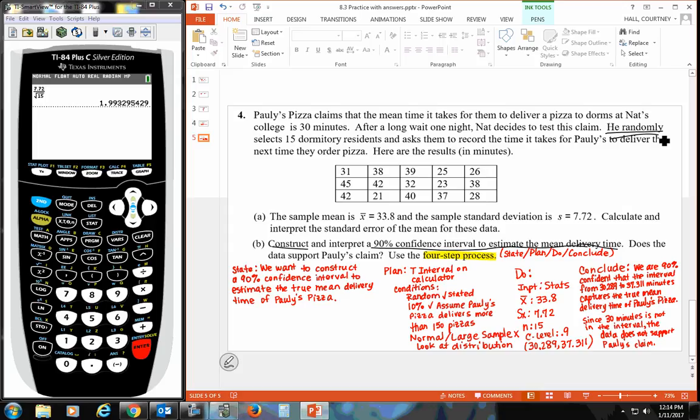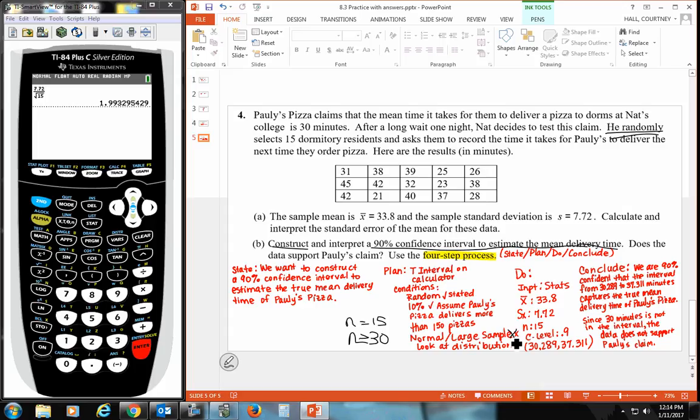So we assume that Polly's Pizza does deliver more than 150 pizzas because we want 15 to be less than or equal to our entire population size. And then for the normal, we want n to be greater than or equal to 30. And guess what? It doesn't meet that. We only have a sample size of 15. So you'll notice I put a little X here. It doesn't meet it. So we have to look at a distribution.